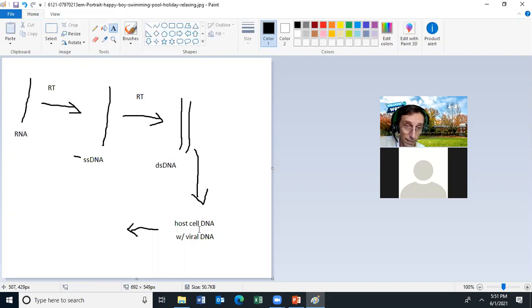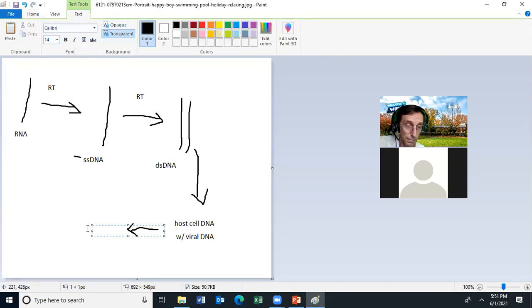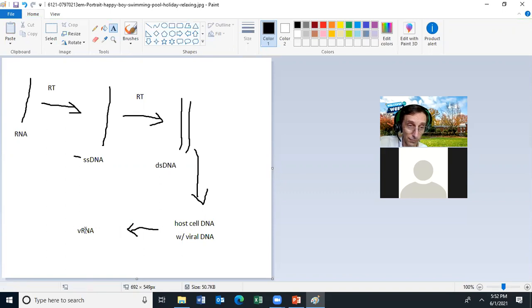And the virus can then replicate by taking the viral DNA and making viral messenger RNA, which will be a positive strand. I'm just going to go V for viral RNA. And because it's positive strand, it can use this positive strand RNA to make viral capsids.